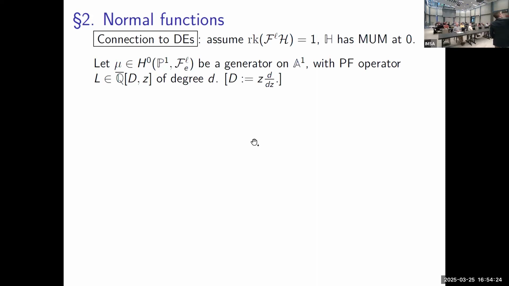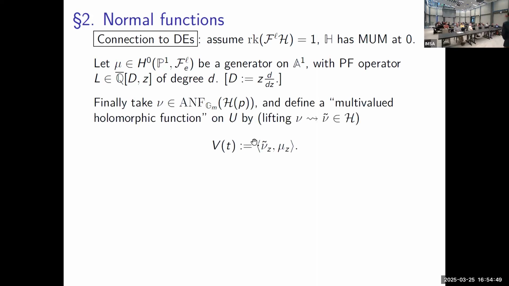But anyways, Picard-Fuchs operator, killing periods in mu, and let's say it's of degree d. So the order is the rank of H. The degree is something else. That's the degree in Z. The highest power of D appearing is just going to be the rank of H. The highest power of Z appearing is also this.